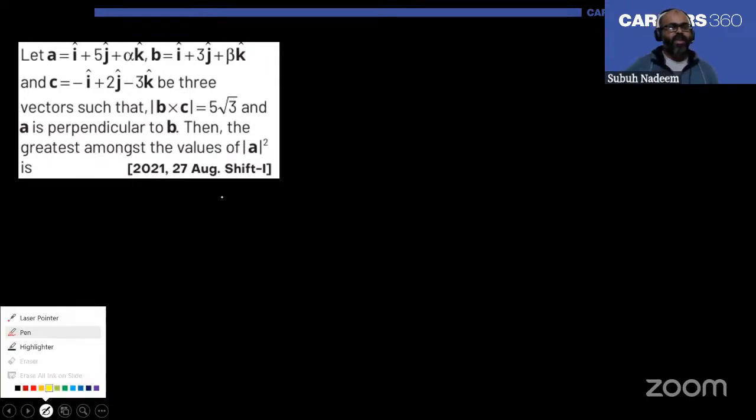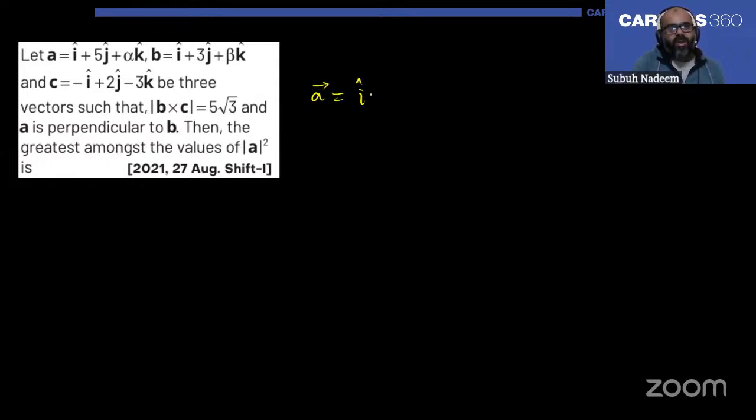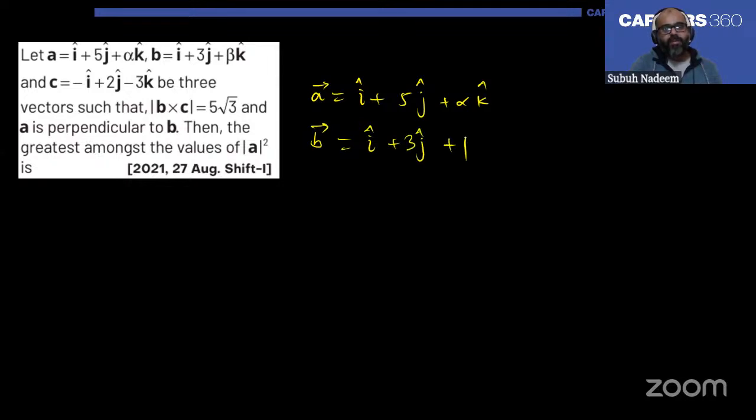So here it is saying that A is a vector which is i cap plus 5 j cap plus alpha k cap, and B is a vector which is i cap plus 3 j cap plus beta k cap, and C is a vector which is minus i cap plus 2 j cap minus 3 k cap.